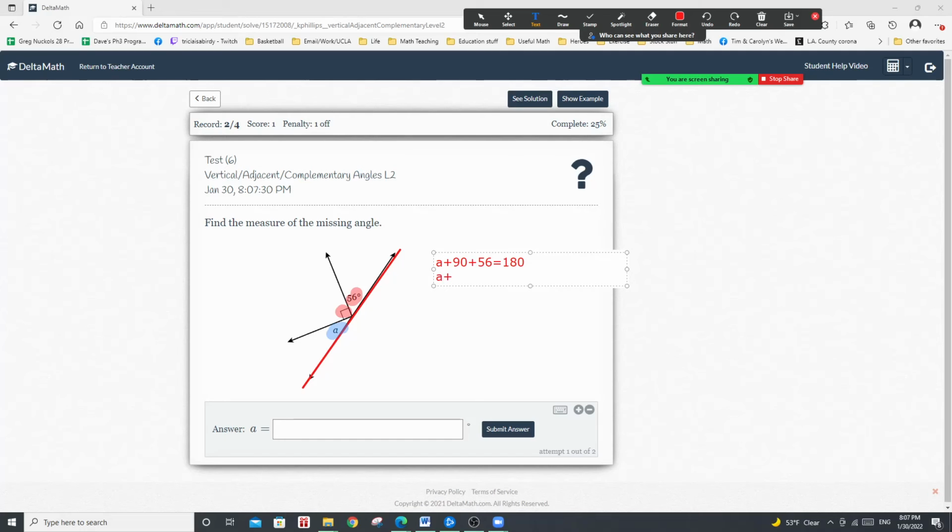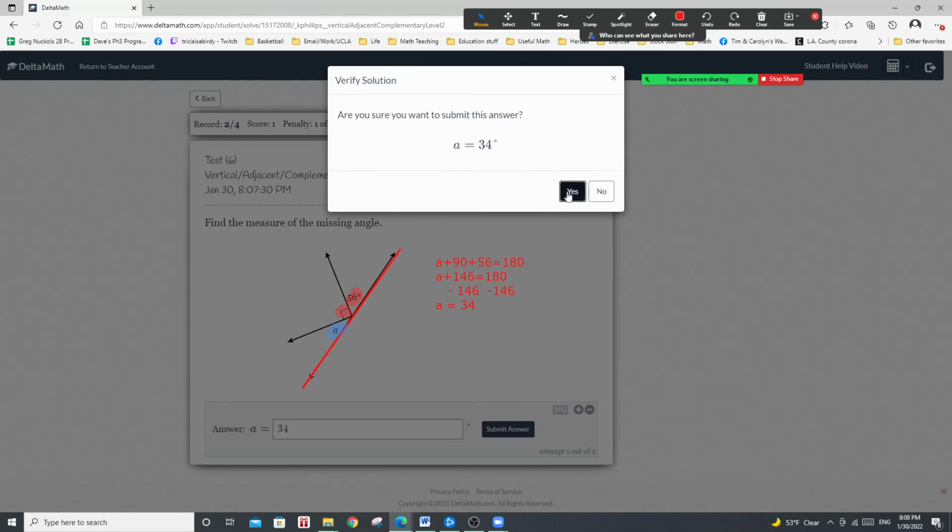A plus 146 is equal to 180. Subtract 146 from both sides. Imagine balancing a scale. If you remove it from one side, it'll be imbalanced. So that's why you need to remove it from both sides. Plug it in and we get A is equal to 34.